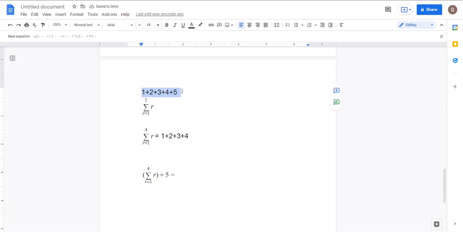Would you also agree, if we added 5 to both sides of this line? Pardon? No, I don't think so. You don't agree? Why don't you agree?